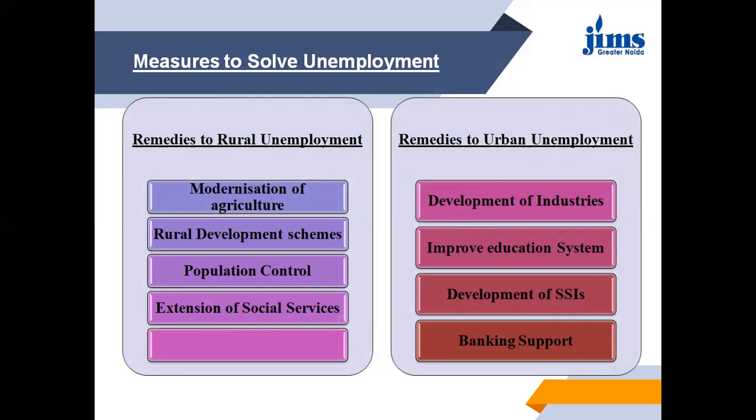Then, measures to solve unemployment. If we talk about measures to solve unemployment in India, we give different measures for rural and for urban areas. For rural unemployment, modernization of agriculture is needed, and rural development schemes should be implemented.